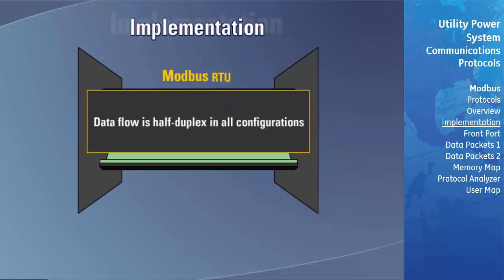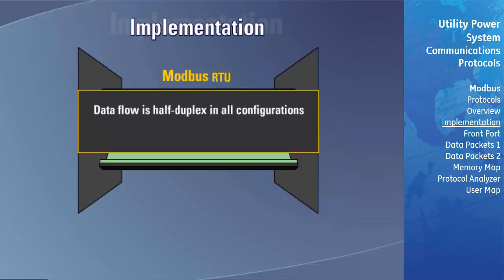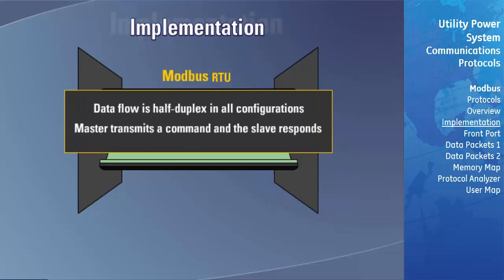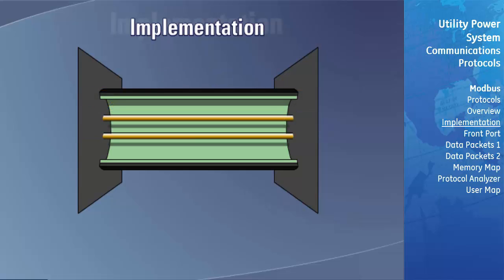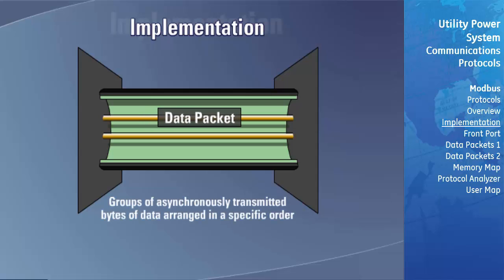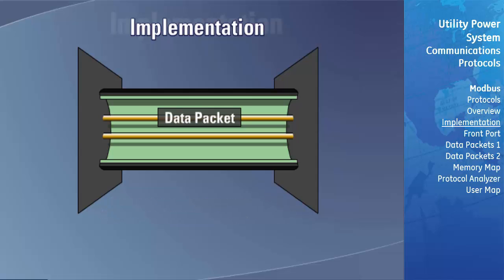Data flow is half-duplex in all configurations. The master transmits a command, and the slave then responds. When connected to RS-232 or RS-485 networks, only the physical, data link, and application layers are used. Modbus communication takes place in packets, which are groups of asynchronously transmitted bytes of data arranged in a specific order. These packets are referred to as data frames.